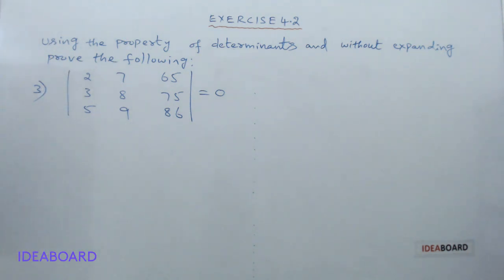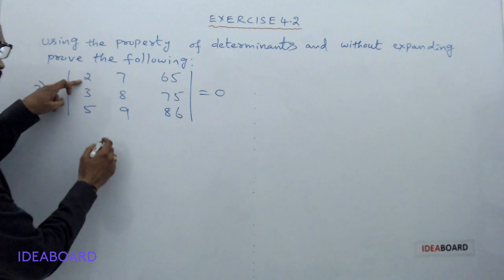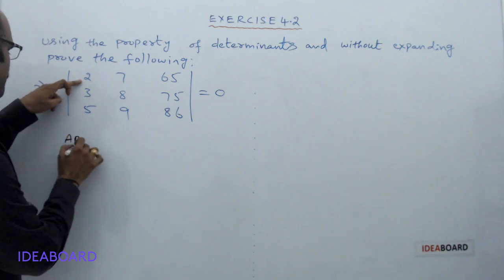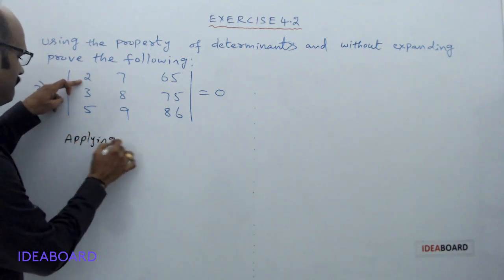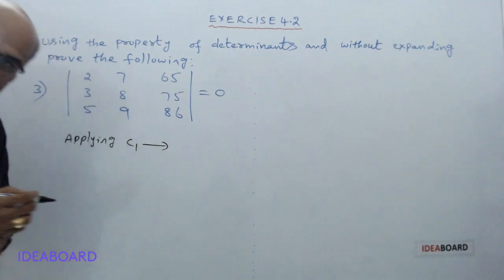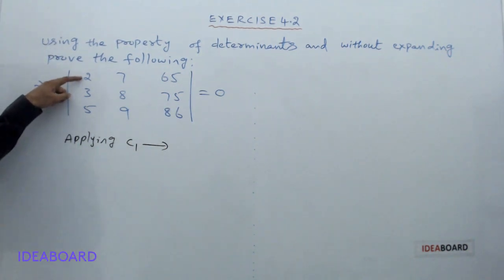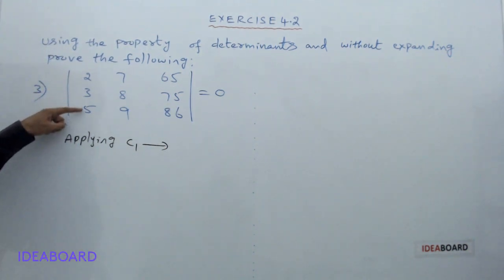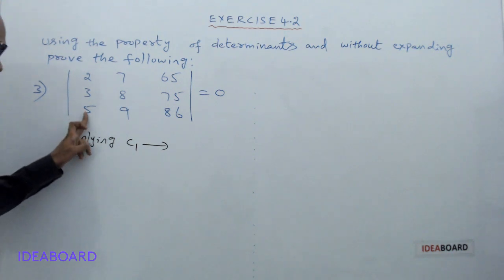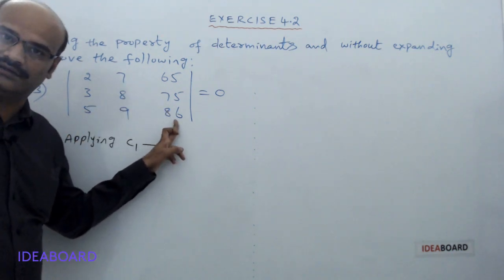Applying C1: now here, if you get 65, 75, 86, then C1 and C3 are identical.